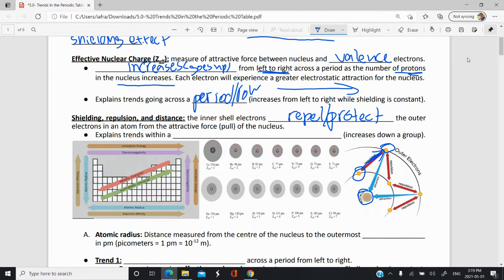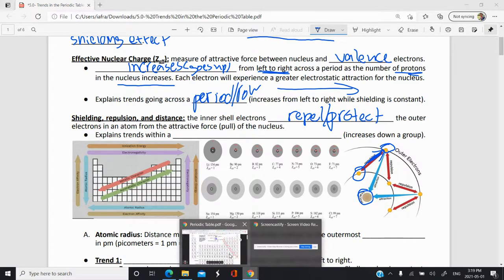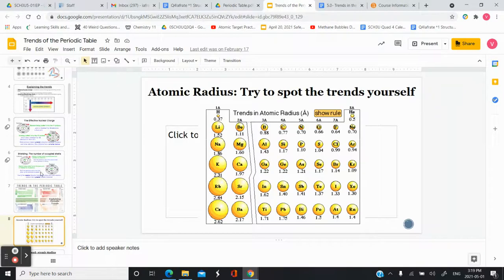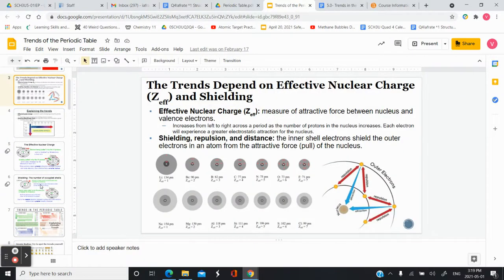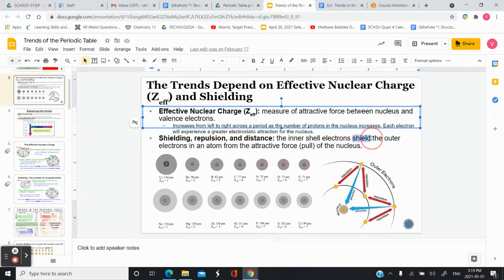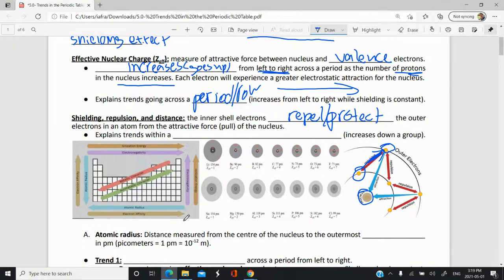They diminish the attractive force that's there. They shield the outer electrons. Shield is the word I was thinking of. They shield the outer electrons from the nucleus, from its pull.